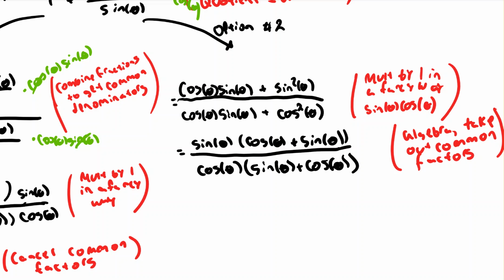And since addition is commutative, sorry, algebra isn't always, I can just cancel. And that leaves me again with a sine of theta divided by cosine of theta, which I can then apply my quotient identities to tell me this is tangent of theta.